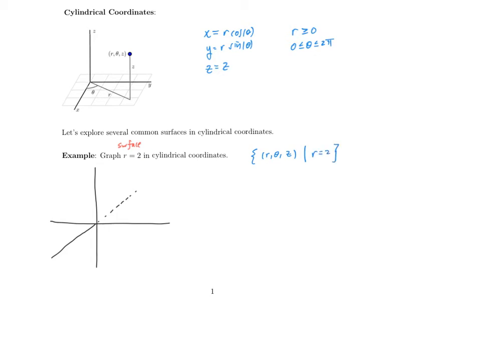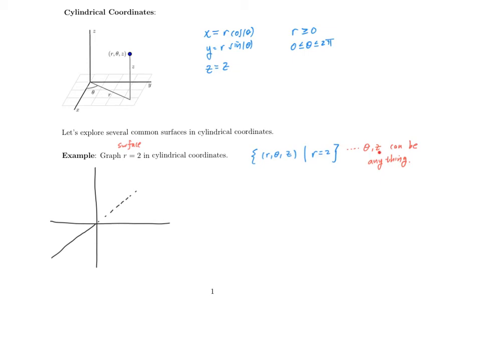And recall a perfectly good way to get started is to know what restrictions are not placed. That is to say, theta and z can be anything. My intuition is that if theta can be anything, every z equals constant trace of this surface should be circular.